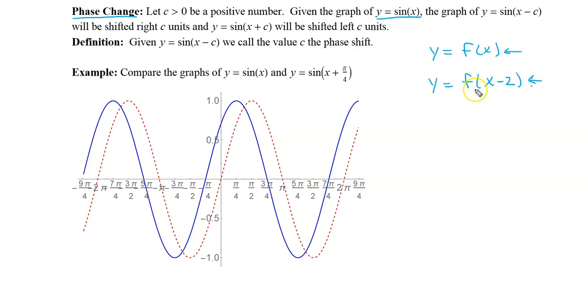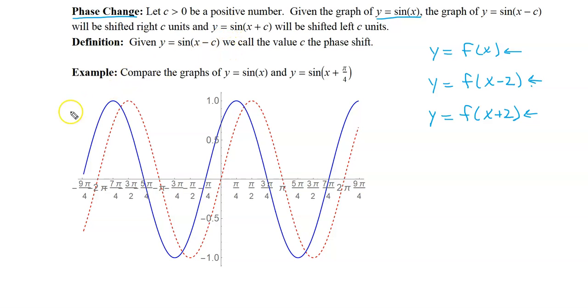So the graph of f of x minus 2 you obtain from the graph of y equals f of x by shifting to the right 2 units. On the other hand, if you consider y equals f of x plus 2, this function will have a shift to the left 2 units compared to the graph of the original function y equals f of x.